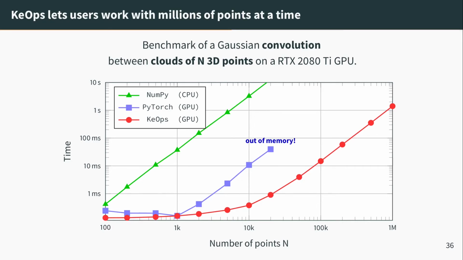So that's the runtimes. And maybe one last remark is that you see that runtimes never go below 1/10 of a millisecond, and that's because this is the time it takes to wake up your GPU. So if you only have one shape, you cannot be more efficient. If you have one point cloud, you cannot be more efficient than that. But if you're doing training, for instance, you can work with batches of point clouds.